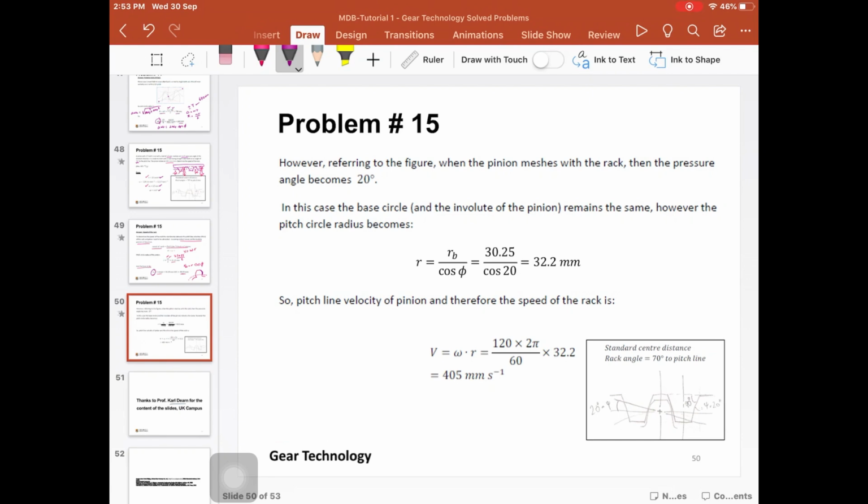Why am I saying that? Because here, as soon as the pinion, which is here, you see, okay, and the rack, let me just use a different color. So the rack here, as soon as these two come in contact, based on the geometry here, as I said earlier, this angle is 70 and this angle is 20.